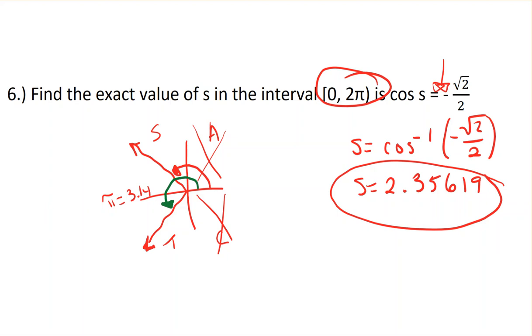So here's what you do. I need that reference angle again. What we're going to find is the reference angle of this triangle right here. And I'm going to do that by doing pi minus 2.35619.